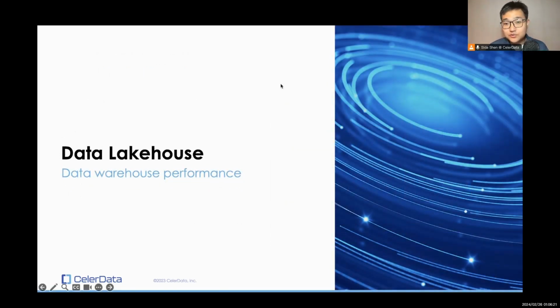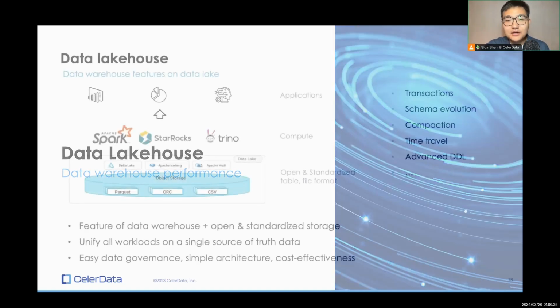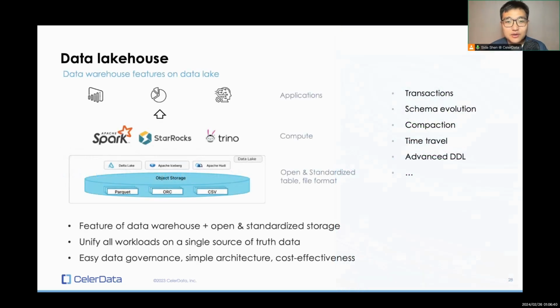The next use case we're going to cover today is data lakehouse query, right? Specifically, how to get data warehouse performance with StarRocks as your data lakehouse query engine, and the benefit of doing that. Before we dive into this topic, let's go over what a data lakehouse is and the benefits it provides for data users.